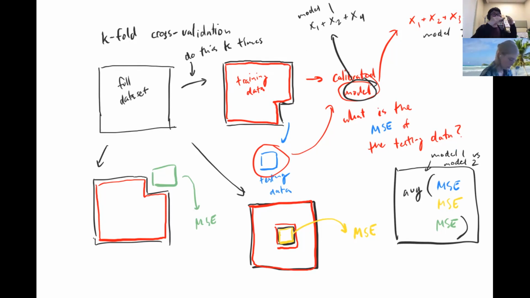Conceptually, I'm going to take my full data set, take some amount of data out of it, run the model, and then look at the mean squared error against the testing data set, and see how well it does. Then I might take a different model and do it against the testing set. Ultimately, what you are comparing is the ability of model 1 versus model 2 to do out of sample predictions.